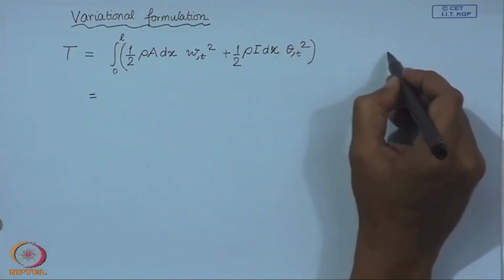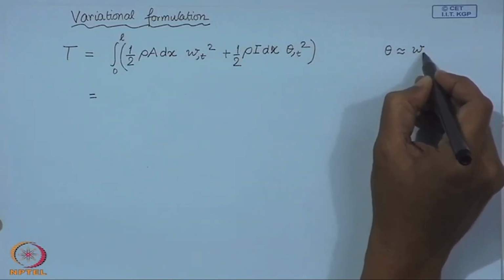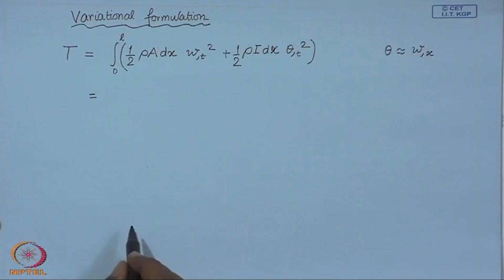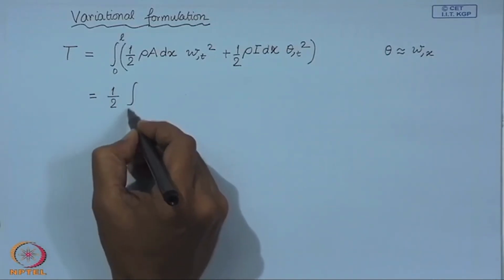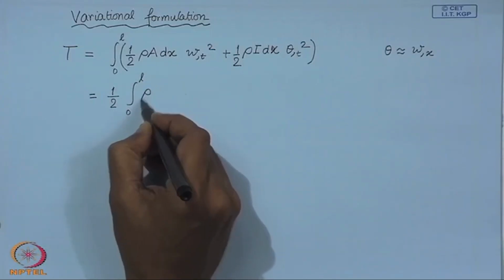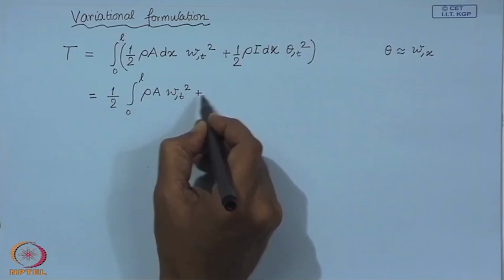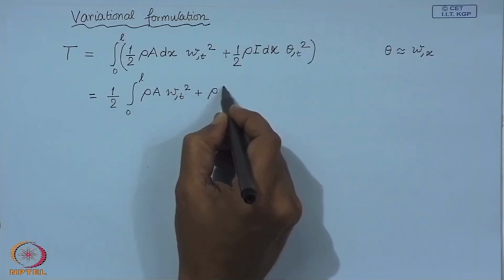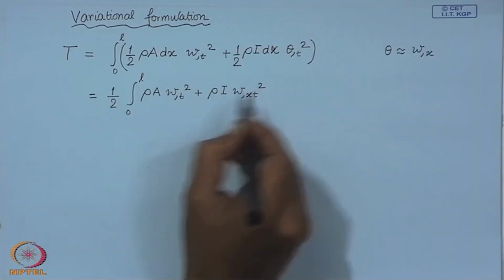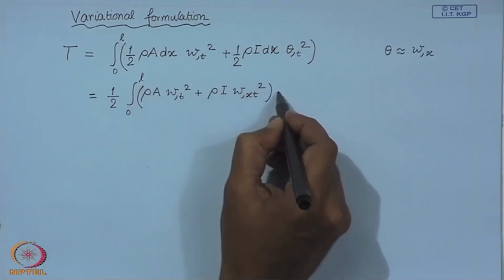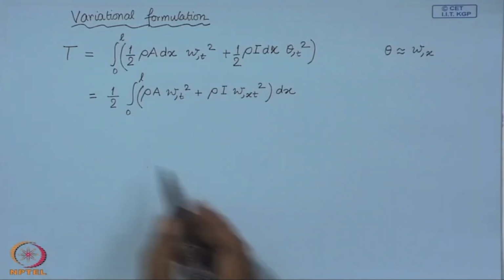Now, using this approximation, we can now rewrite. So, that is the kinetic energy expression of the beam element.